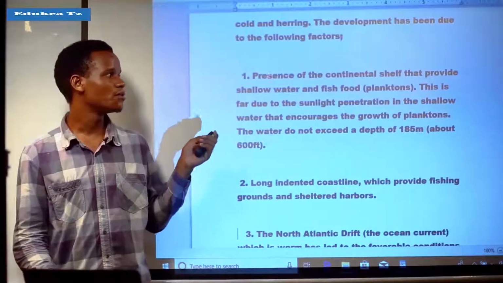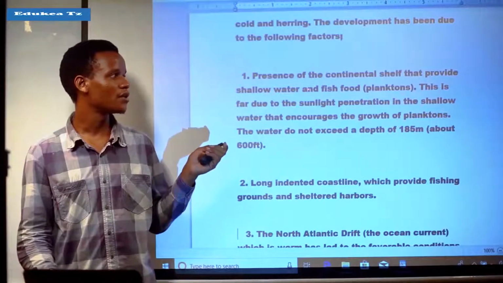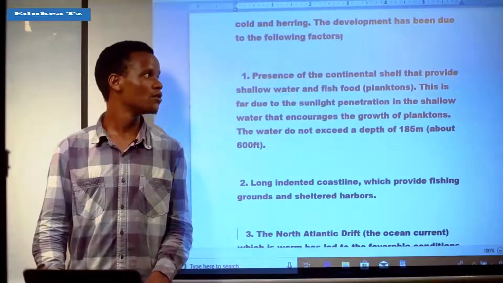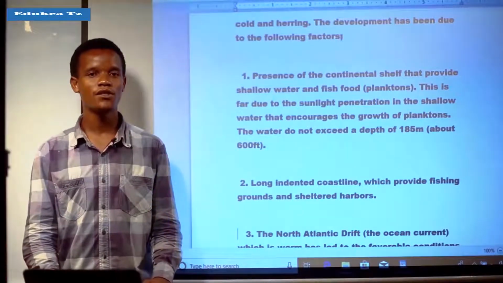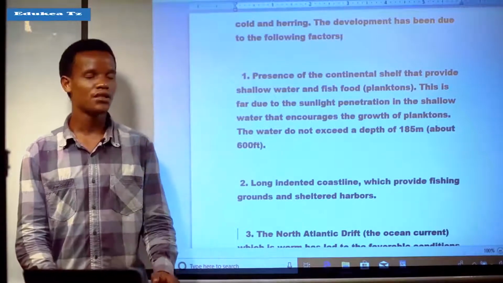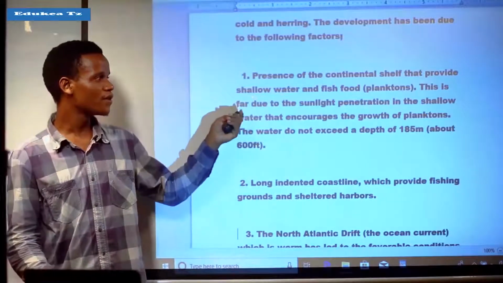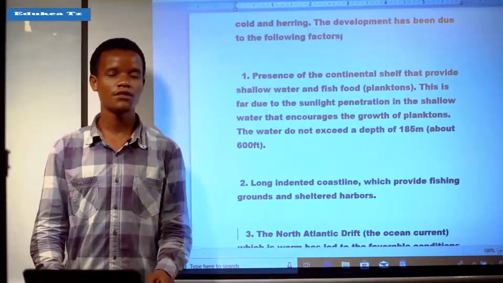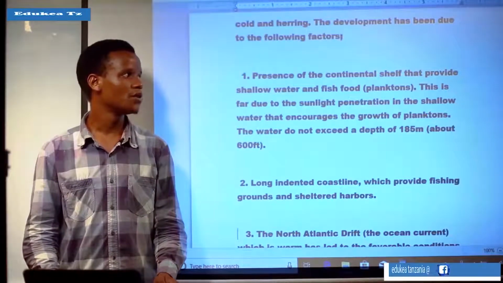The first one is the presence of the continental shelf, which provides shallow water and fish food, that is the plankton. The presence of the continental shelf is among the factors that contributed much to the development of fishing in Norway. Through the continental shelf, the fish food, that is the plankton, will be available.